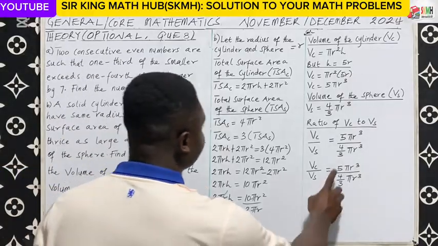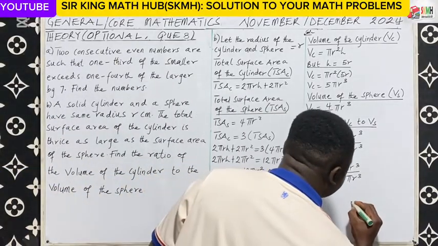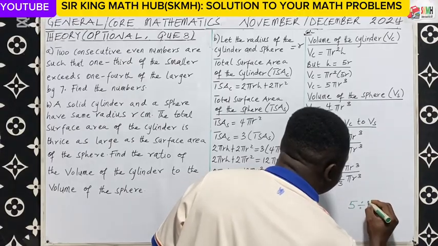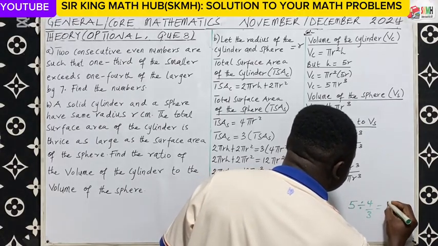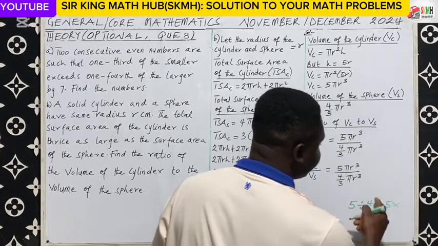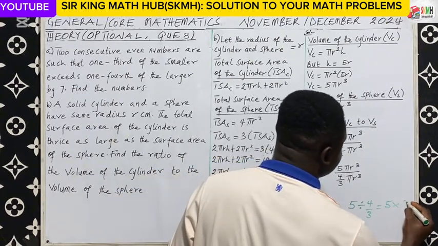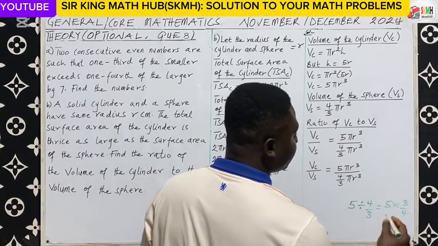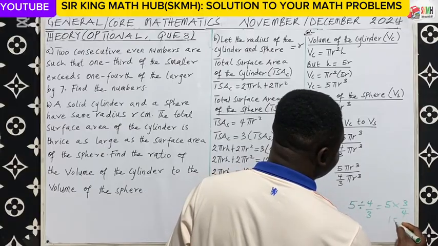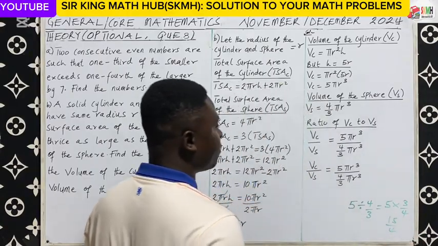So now let's focus on the numbers. 5 divided by 4 over 3. This is simplified as 5 multiplied by the reciprocal of 4 over 3, which is 3 over 4. 5 multiplied by 3, 15 over 4.